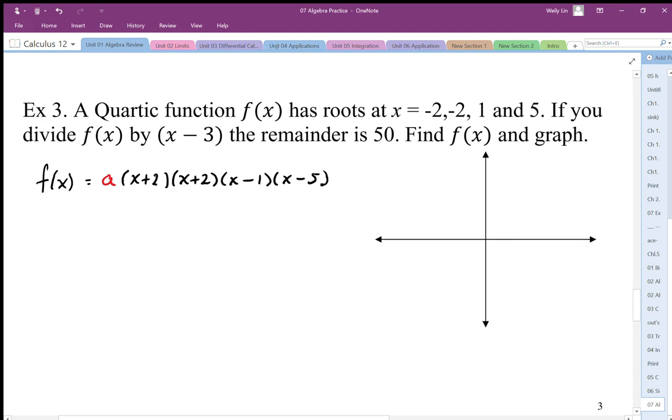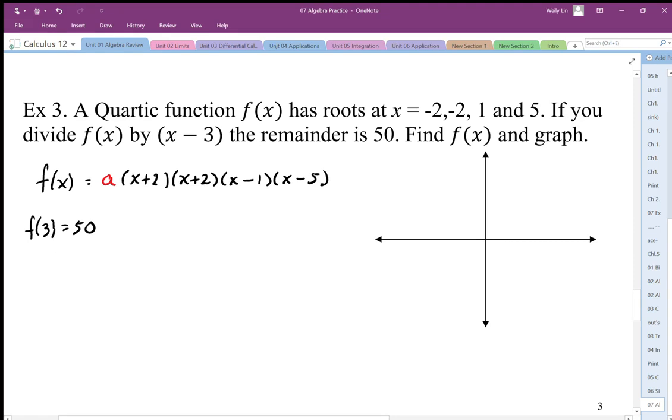Well, it's important to note that the remainder theorem states that if I divide by the root, I end up with the remainder. Well, this implies then that those are x and y coordinates. So this is actually a coordinate on the graph.